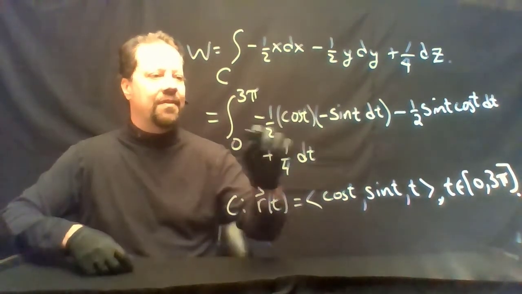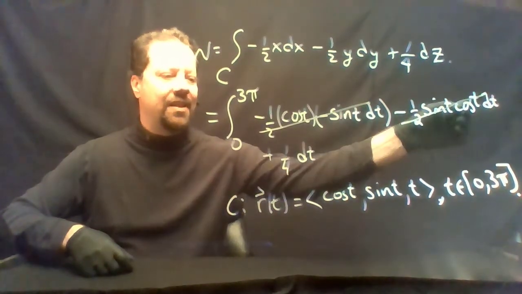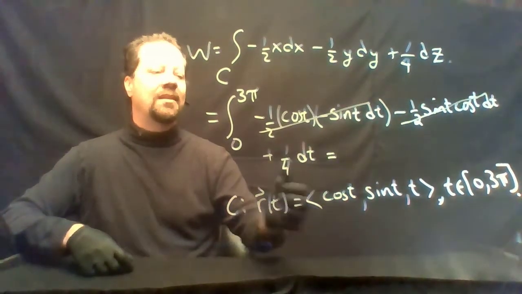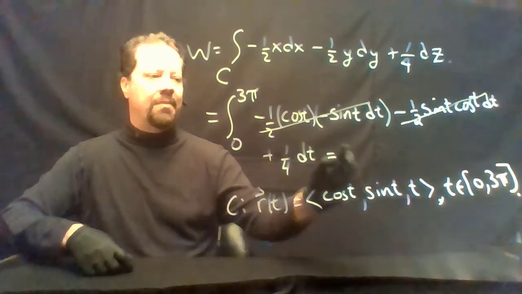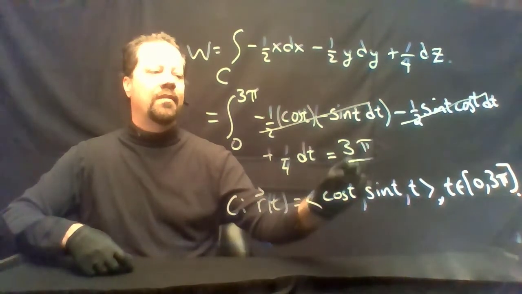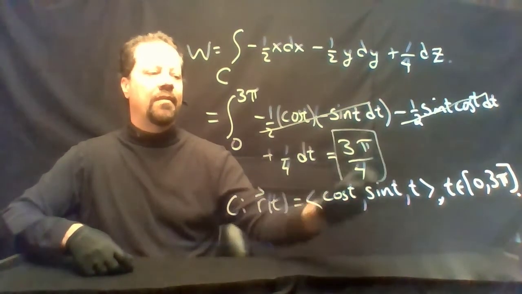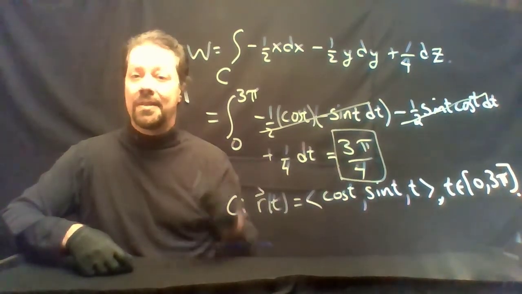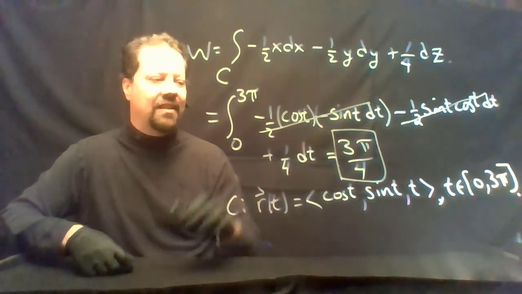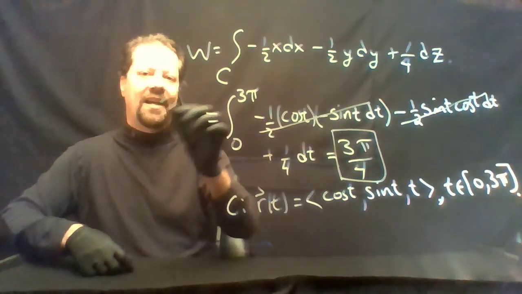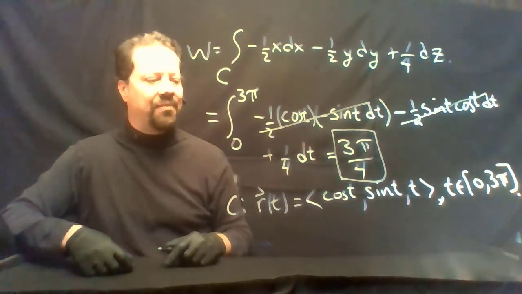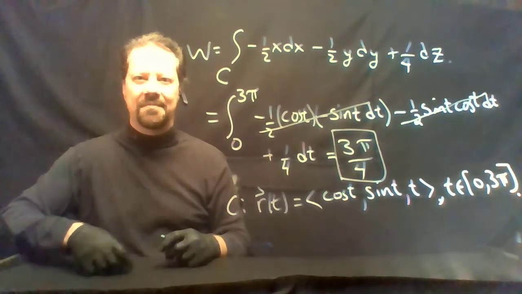You can see that the first two terms will cancel each other out. We'll have 1/4 times 3 pi, or 3 pi over 4 is the total work done in moving this object 1.5 times around this helix with the given force.